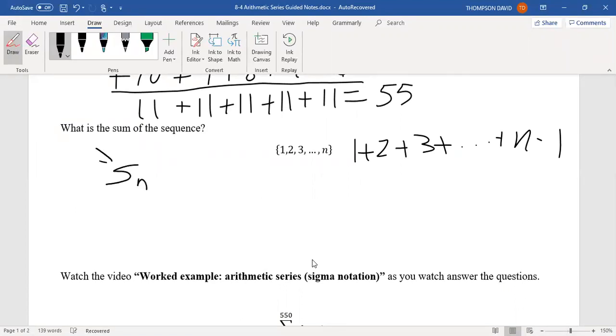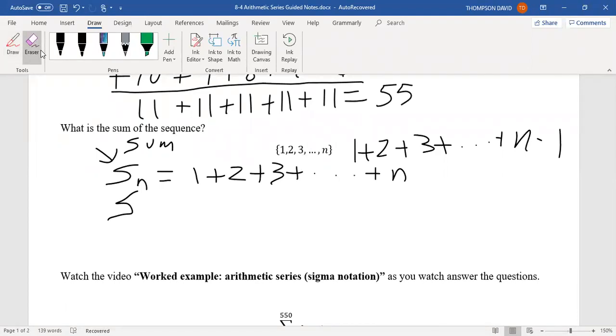That means sum. So we're going to write it as 1 plus 2 plus 3 plus ... plus n. And that should be n minus 1, not n.